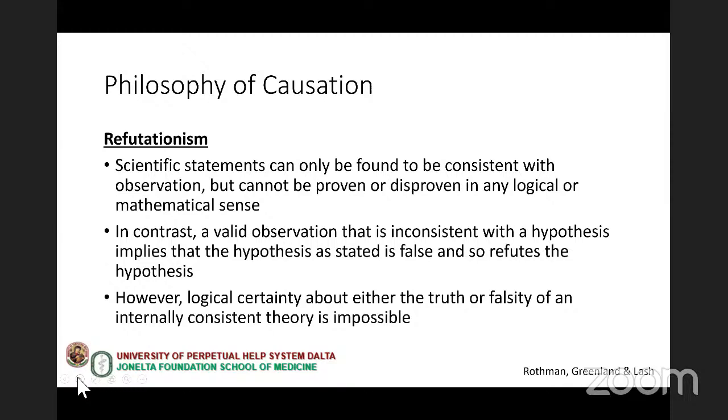But the absence of the atmosphere, especially if we compare it with other planets, proves that it is not compatible with life. So, refutationism. Compared to inductivism, which has some general law that is followed, refutationism is something that is consistent with observation but cannot be proven or disproven. Okay.